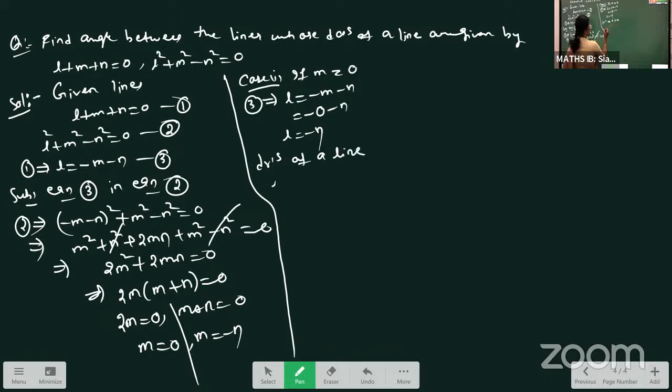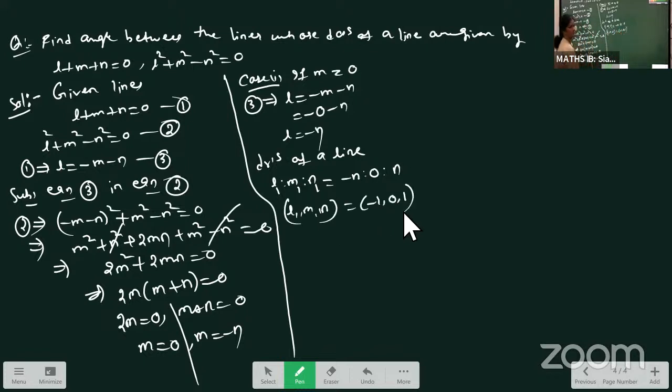Whenever you are using DRs of a line, l1 is to m1 is to n1. What is l1? Minus n. What is m1? 0. And what is n1? n only. Now cancel n and n. So l1, m1, n1 is equal to minus 1, 0, 1. No need of finding direction cosines, so directly we'll apply the direction ratios formula.